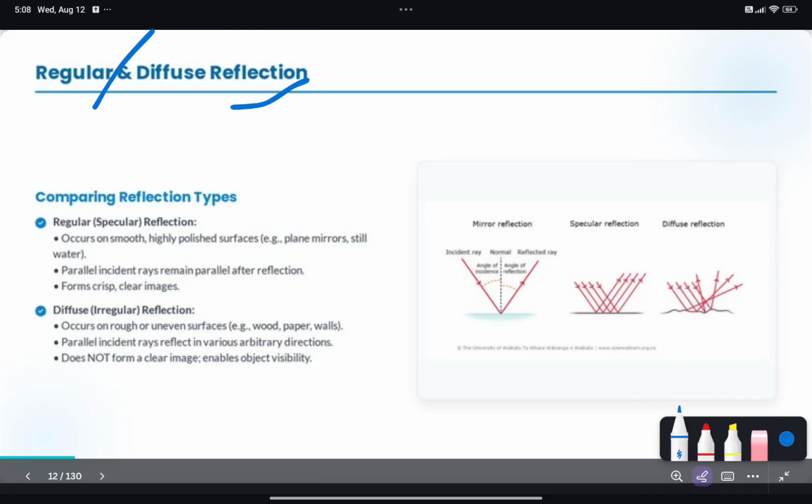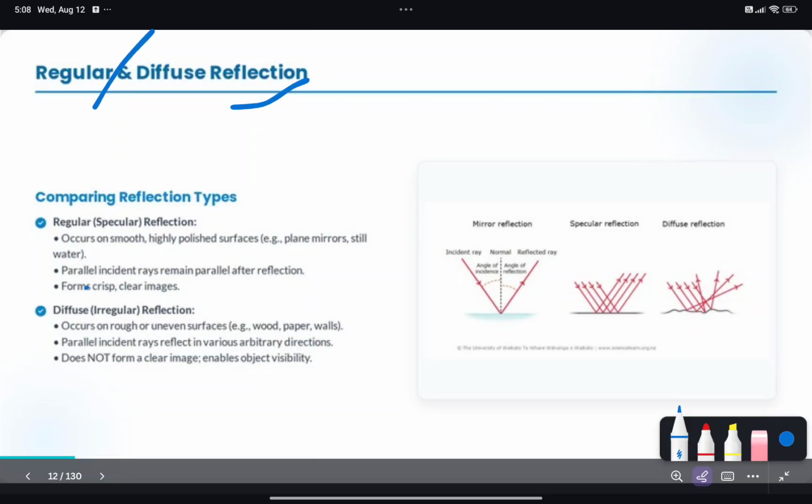What is meant by the regular surface? Smooth and polished surfaces. On a regular surface, regular reflection only takes place. Clear or not?